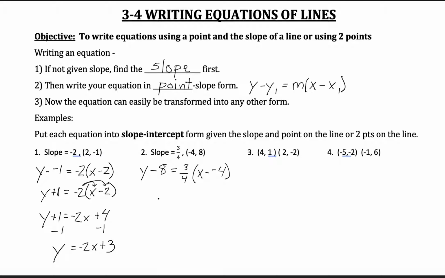Then we can start to transform this into slope-intercept form. So we would distribute first. We have y minus 8 equals 3/4 x. Now we have minus and negative, and when we distribute to 3/4, we're going to have just plus 3.